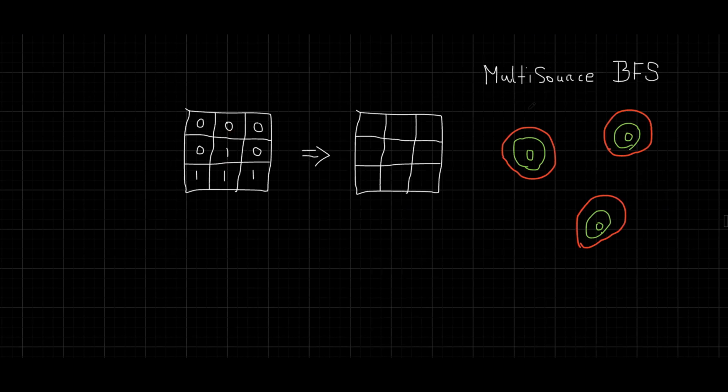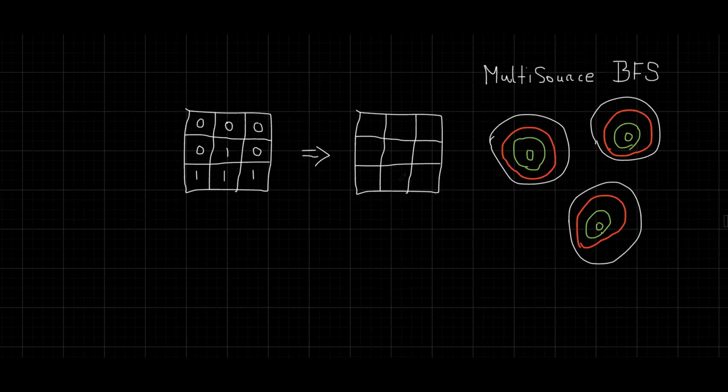In the third level iteration, BFS will visit all of the nodes in the third level and so on. So basically this is how the BFS works in a multi-source manner.